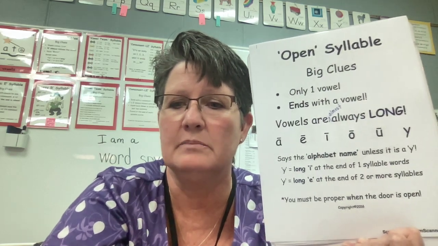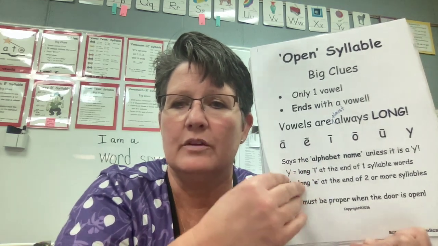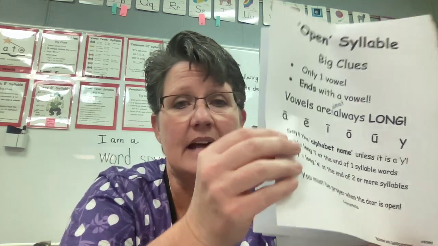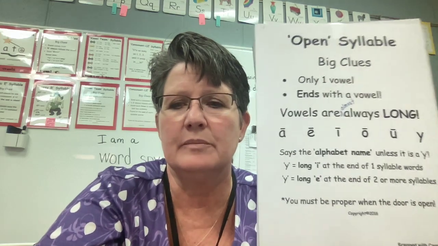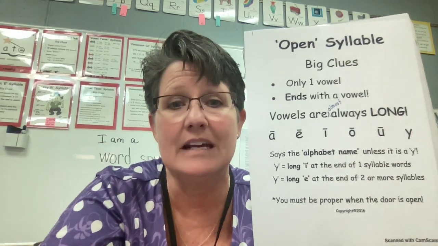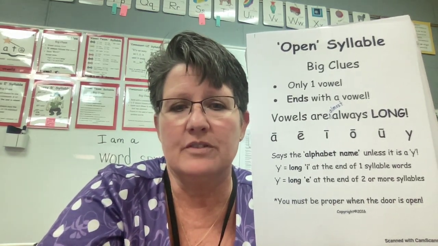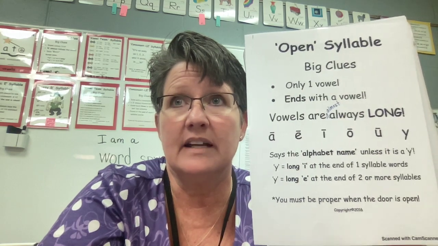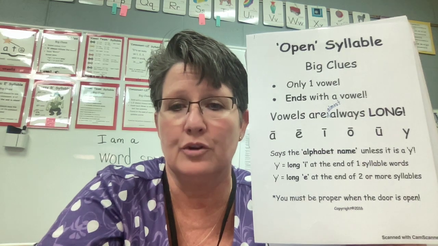The door must be open in order for it to say its name. And remember, that's not an always, never an always. An instance where it does not work would be the word to, T-O. It's not toe. But if you think about sight words or high frequency words, these are words that you're going to see all the time in books when your student's reading or when you're reading.